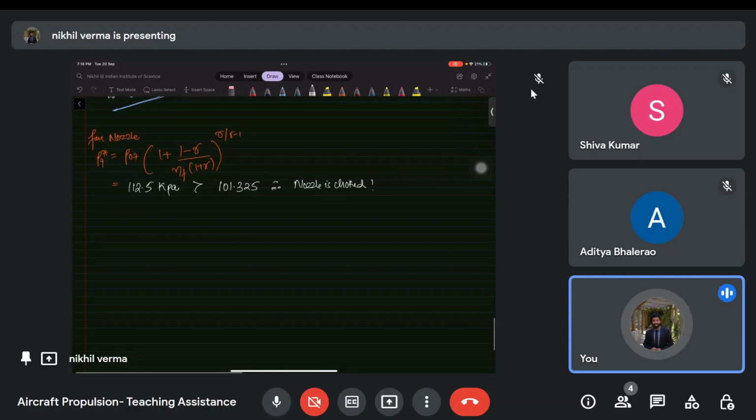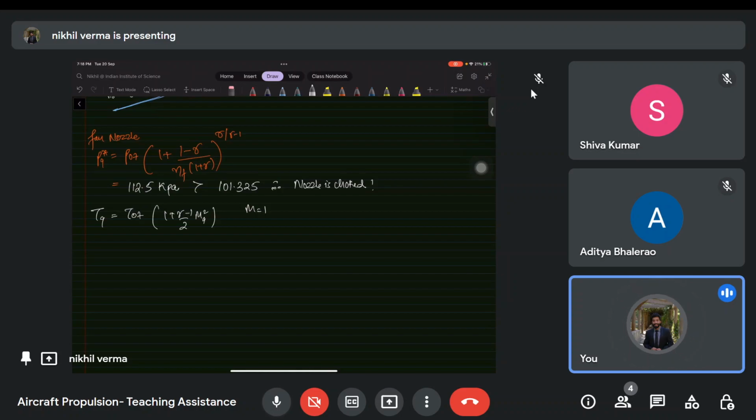Now let us calculate T9. Since it is choked, the Mach number will be 1. So T9 is equal to T naught 7 divided by (1 plus (gamma minus 1) by 2 M9 squared).